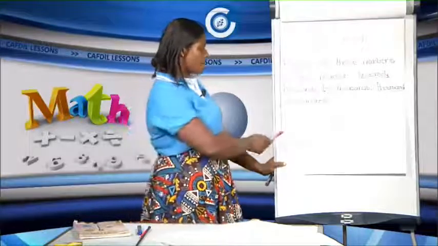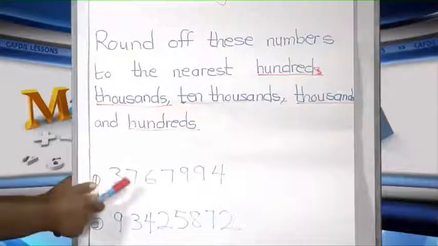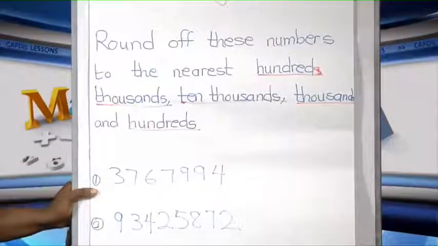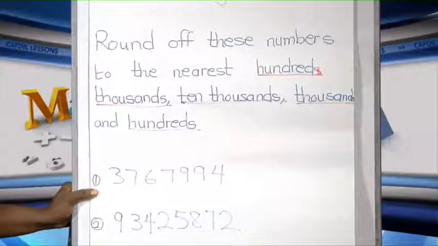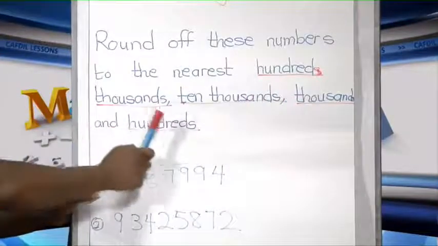So number 1, when you pick the first one, you round it up to the nearest 100,000. When you are done, you round it up to the nearest 10,000. You round it up to the nearest thousands, and then to the nearest hundreds.